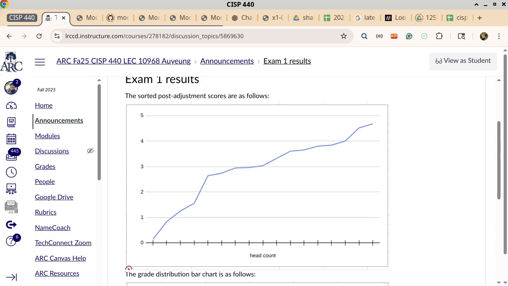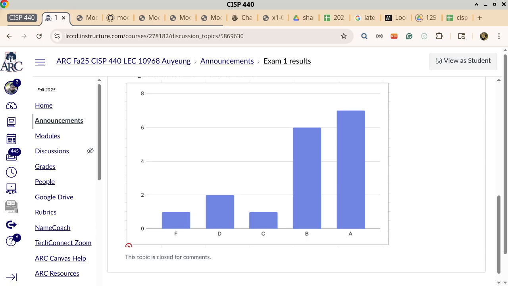This way, you can look at your own score and know where you are placed in class, which is not important in this class, I don't think. In other words, if the lowest score is here, that means the whole class is doing really well, and I don't have a problem with that. And then the actual distribution is like this, which I think is pretty good.